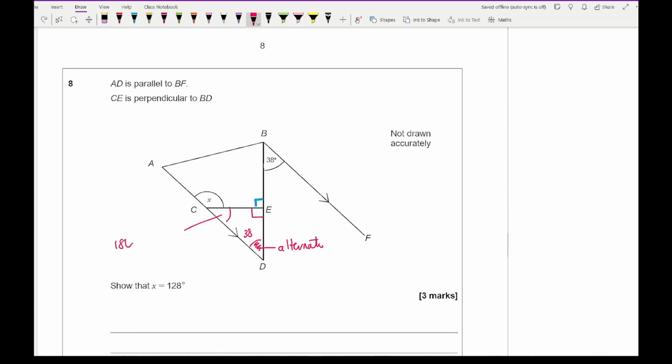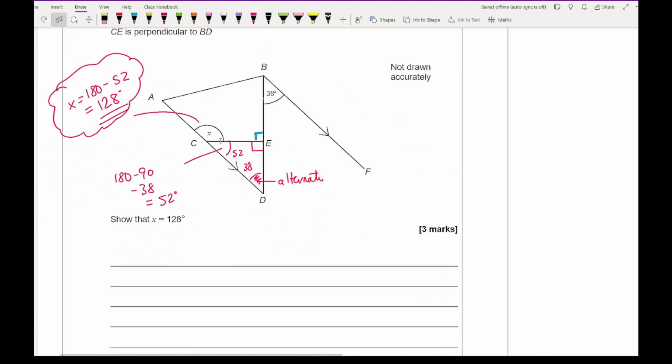So that's going to be 180 minus 90 minus 38, because angles in a triangle add up to 180. So that's going to give me 52 degrees. So then to work out angle X, it's going to be 180, because it's a straight line, minus 52, which equals 128. And there I've shown that X equals 128.